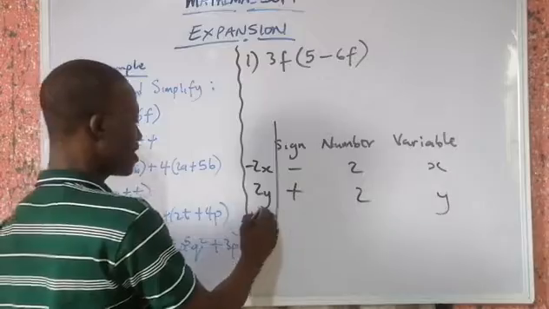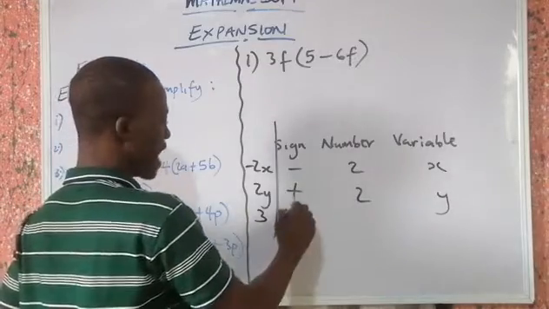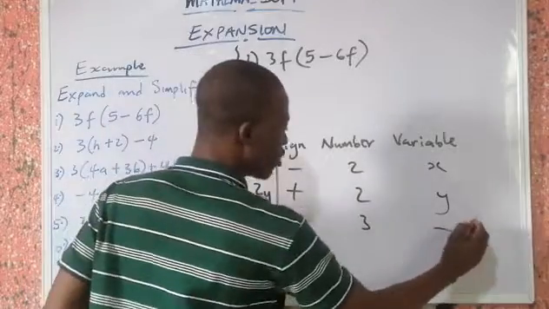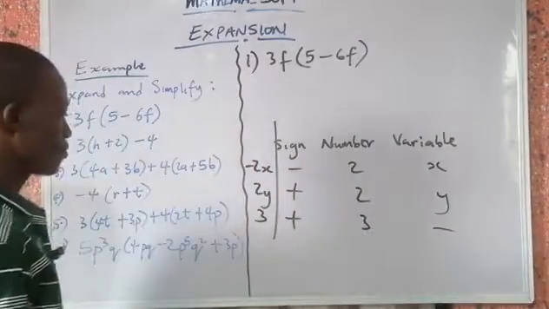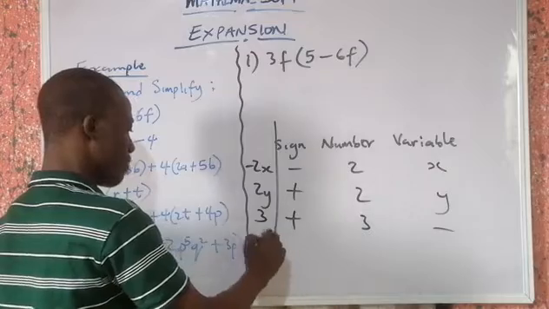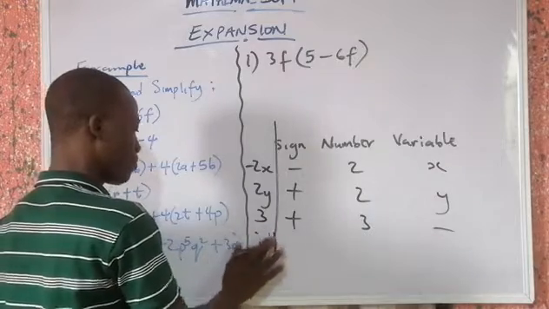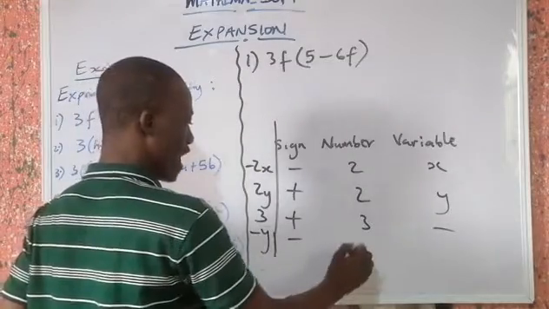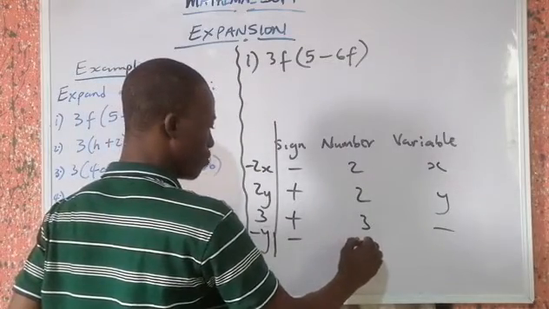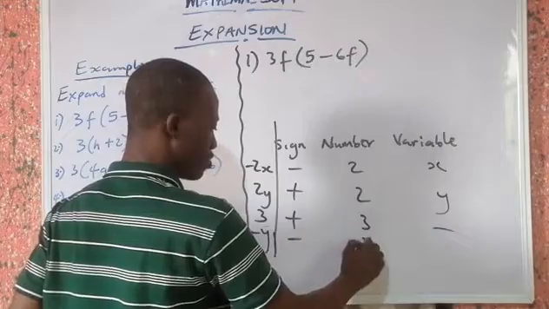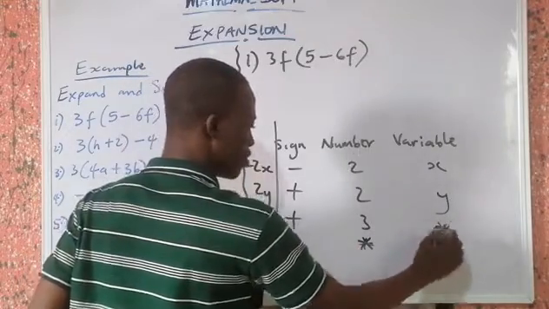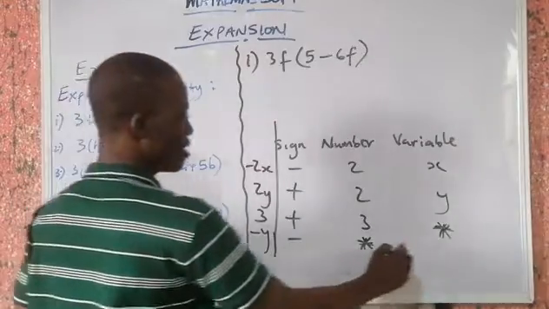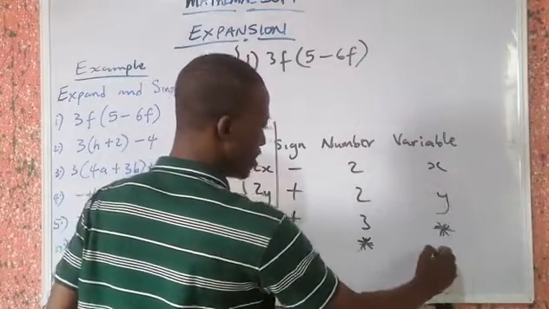If I have ordinary 3, it means I have the sign as plus, I have the number as 3, and I have nothing as variable. And if I have just minus y, it means that the sign is minus, I have no number, which is none. Let me make this none so that you do not confuse this with minus, and my variable here is y.